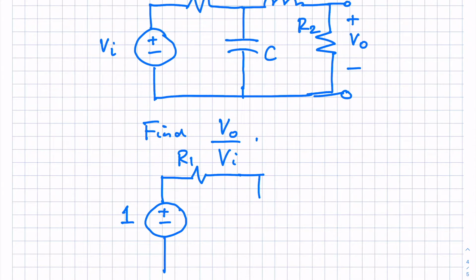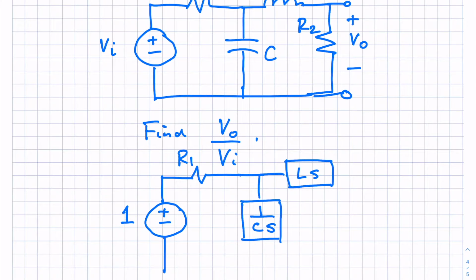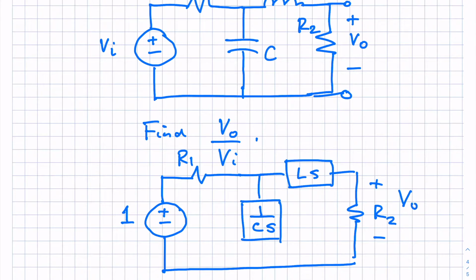The capacitor becomes 1 over CS. The inductor becomes LS. And the resistor stays the same. And now we have capital Vout. It's actually a function of s.